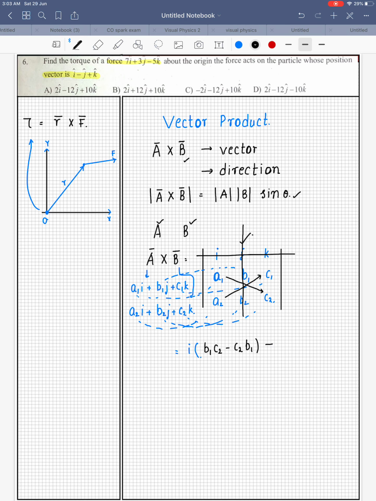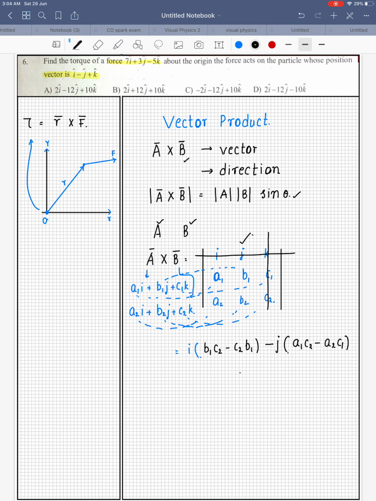Of course this will be minus j, so minus j into (a1c2 - a2c1). After that, cancel this line.